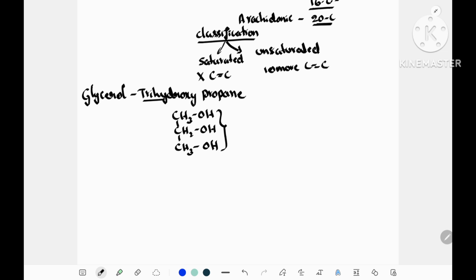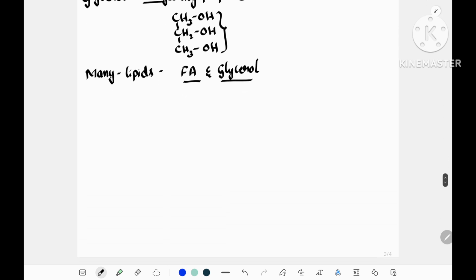And many lipids, for that matter, contain both fatty acid and glycerol. In some there may be presence of only fatty acid, in some only glycerol. But many of the lipids occurring in living systems will have both fatty acids and glycerol in them. So how fatty acid and glycerol are linked with one another is very, very important.